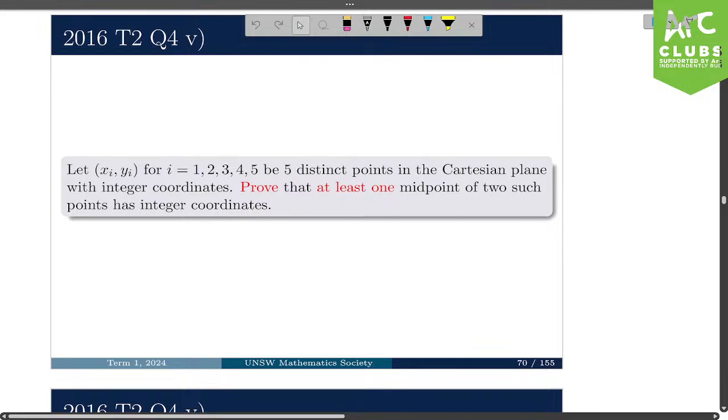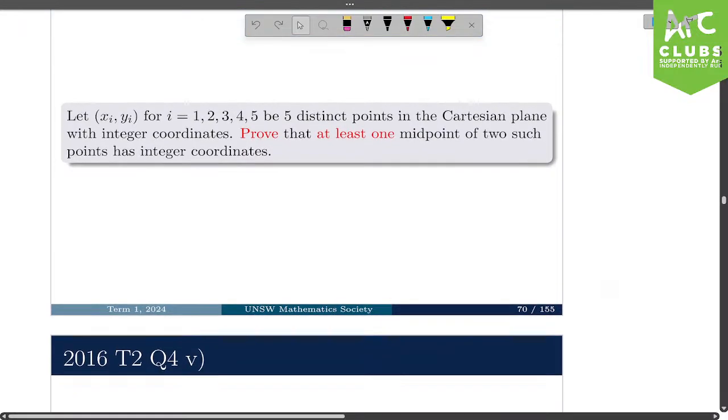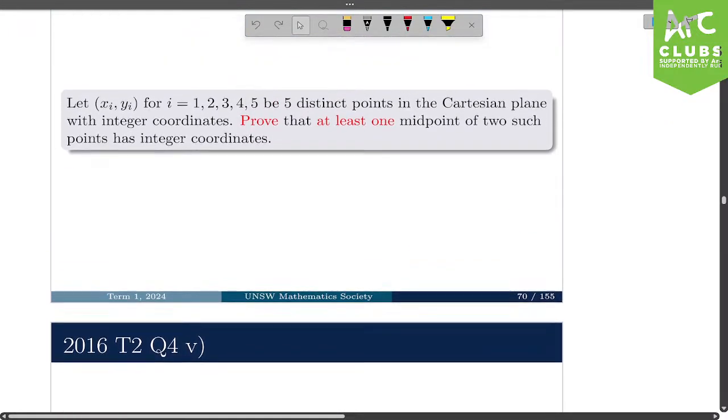You have x1, y1 be distinct points of the Cartesian plane with integer coordinates, and you have to prove that at least one of the midpoints of the 2 points have integer coordinates. You note these choice words, right?